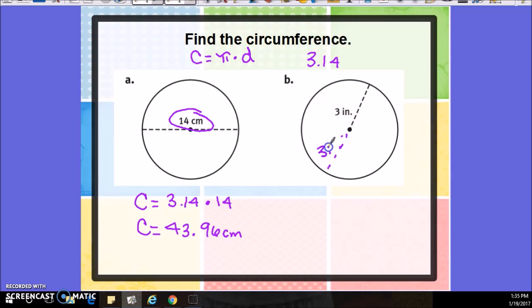So this side would be 3 inches, and all of this would be 6 inches. Then circumference is equal to 3.14 times 6, and we get 18.84 inches.